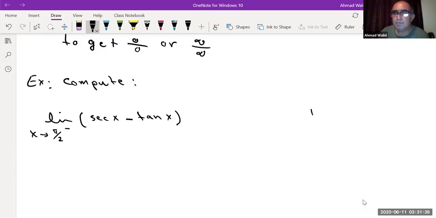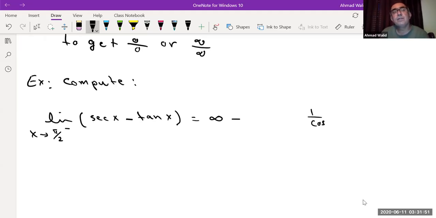Secant means 1 over cosine. You have to plug in first, right? Cosine of pi over 2 is 0, correct? 1 over 0 gives you infinity here.